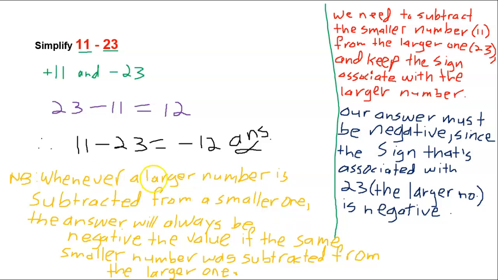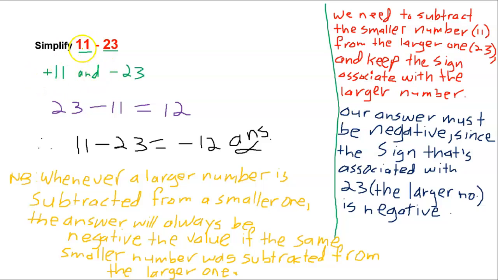So whenever a larger number is subtracted from a smaller one, the answer will always be negative, the value if the smaller number was subtracted from the larger one.